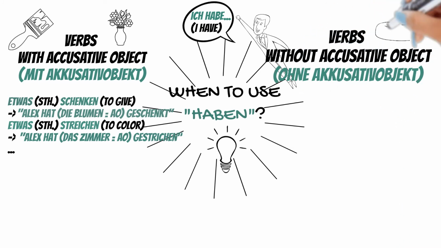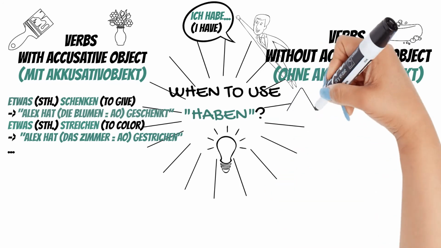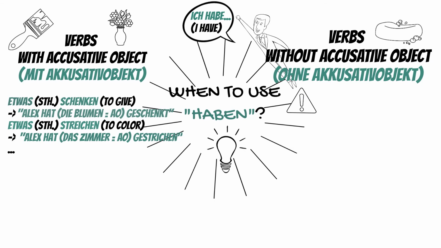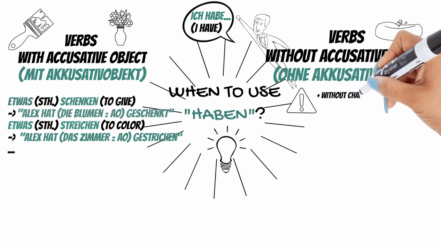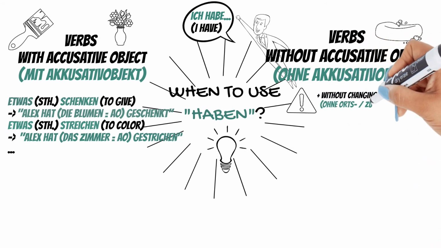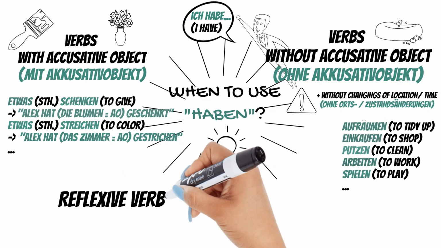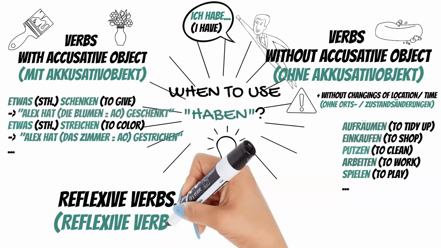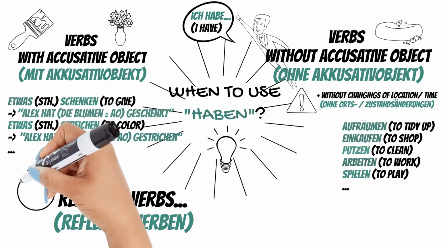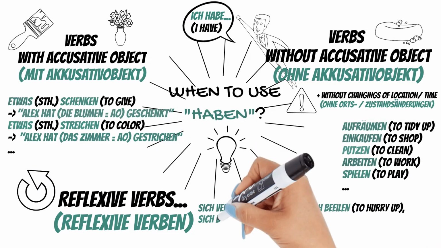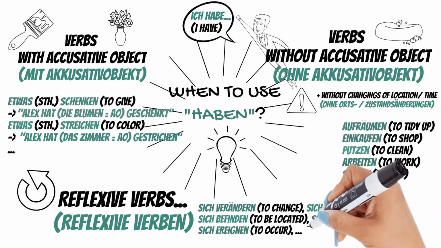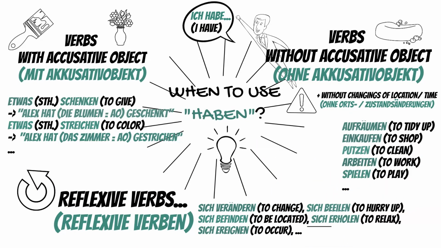For example, flowers. Or on the other hand, verbs without accusative object. Ohne Akkusativobjekt. But watch out, there is another condition in this case without changings of location or time. For example, aufräumen, to tidy up, or arbeiten, to work. Also, in case of reflexive verbs, you can detect them because of the supplement sich.